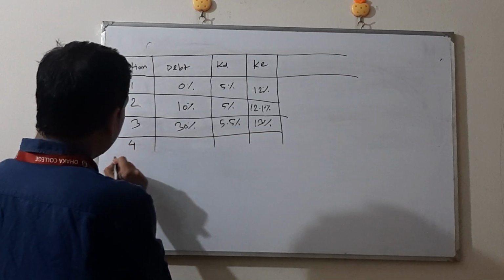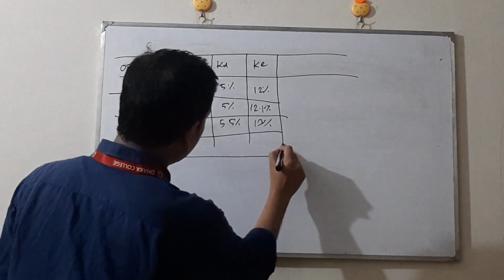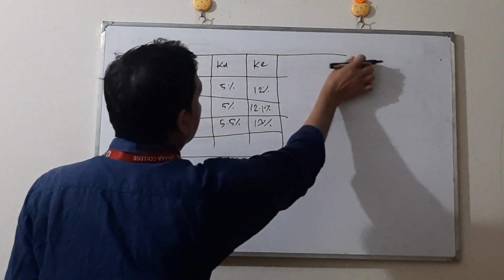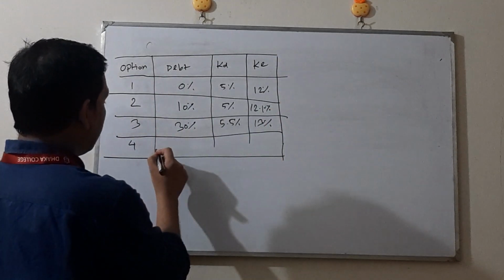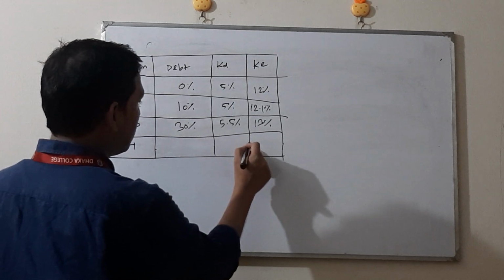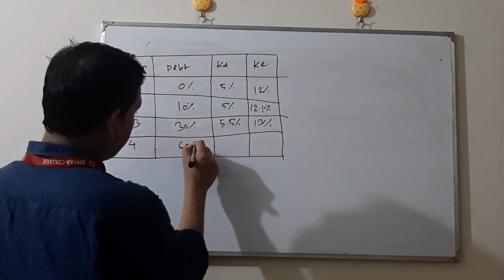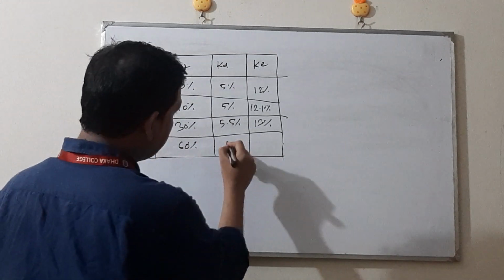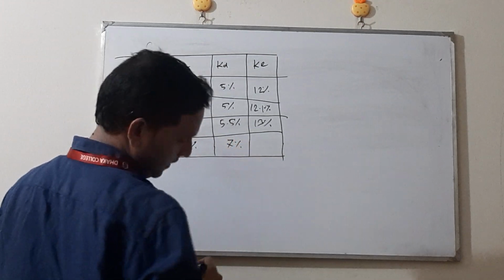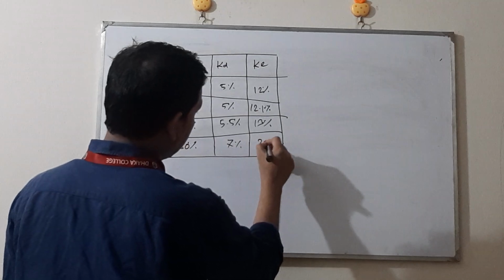In option 4, debt is 60%, KD is 7%, and K is 20%.